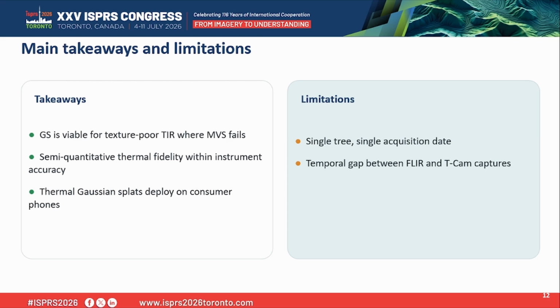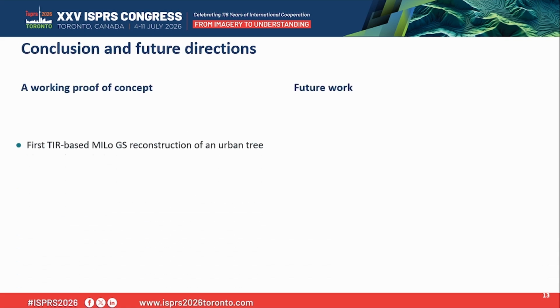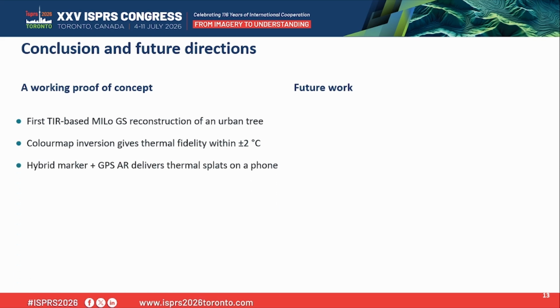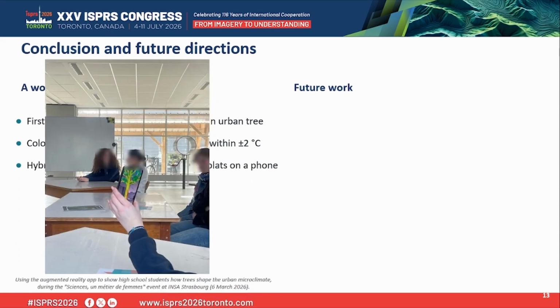We also had a temporal gap between the TLS and the TCAM that caught the information of the ground truth, and still MILo is kind of heavy and so not yet on device. As a working proof of concept, we also propose an augmented reality application to show high school students how trees shape urban microclimates.